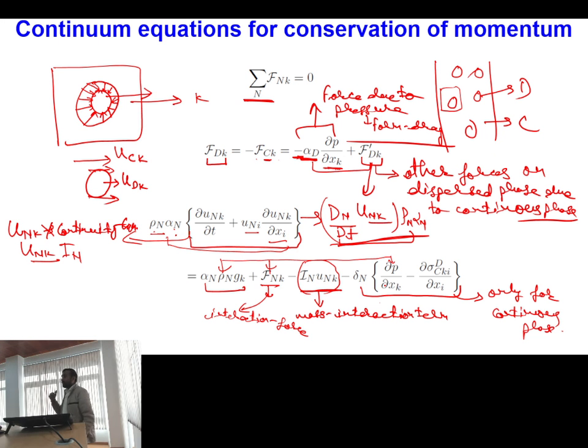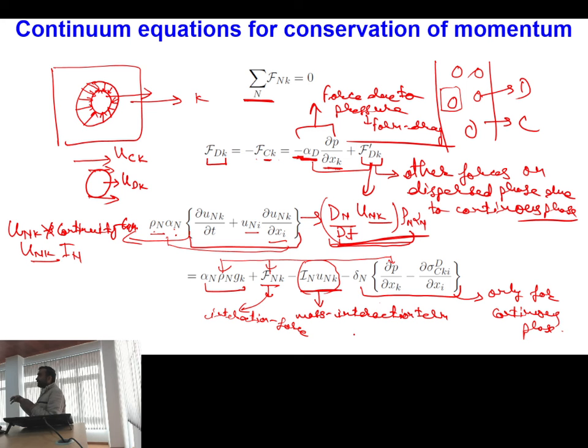But for a multi-phase flow system, if you are writing this term, the total rate of change of momentum, then you have to first write the rate of change of momentum because of the Lagrangian derivative, plus loss or gain of rate of momentum because of the mass exchange, and that will be equal to the sum of all the forces.